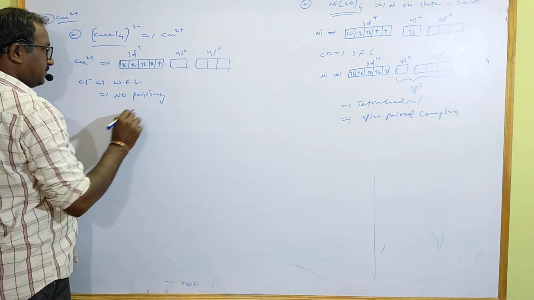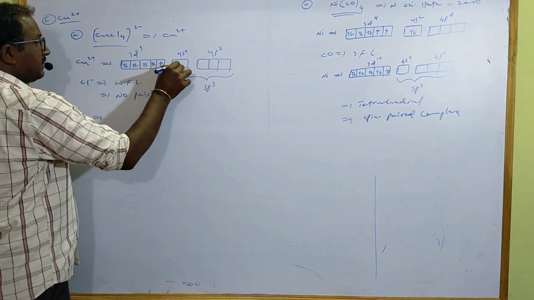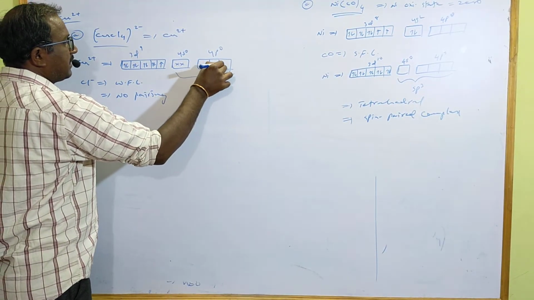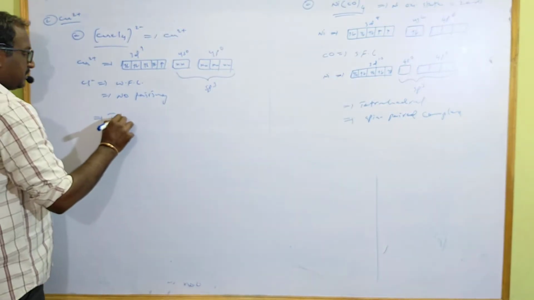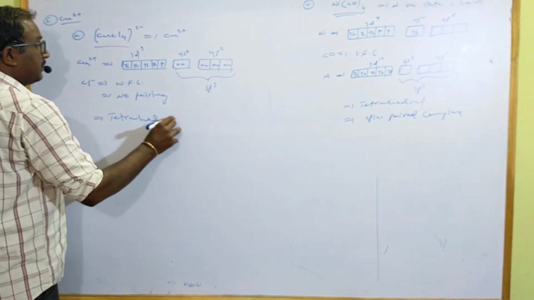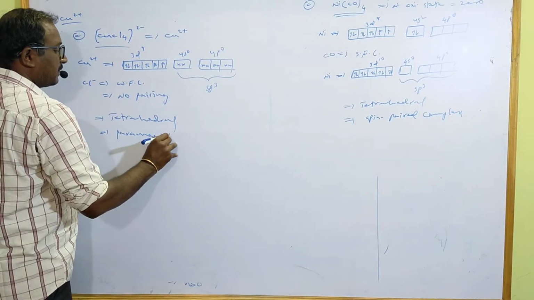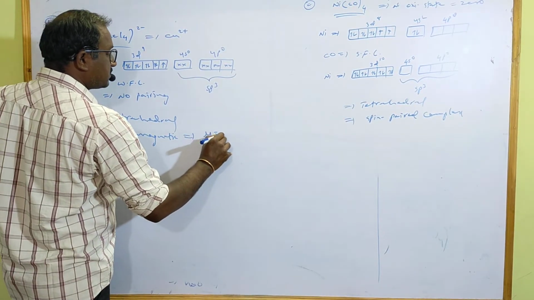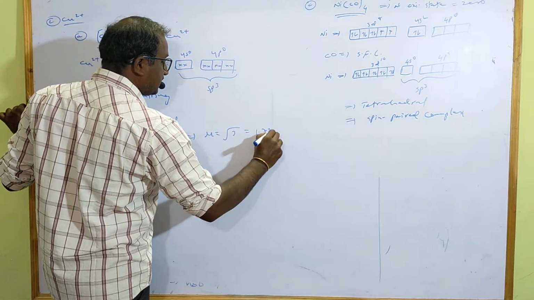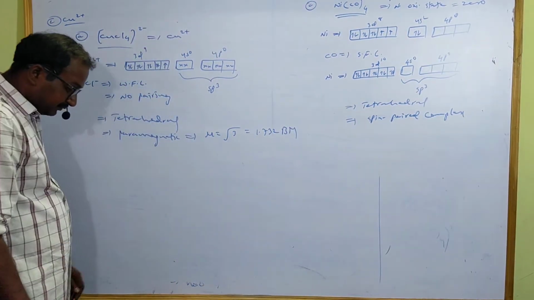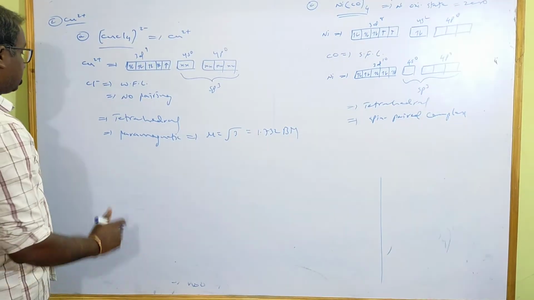Due to that, it undergoes sp3 hybridization, and these 4 ligands donate 4 electrons. So tetrahedral shape, 1 unpaired electron is there, so paramagnetic, and magnetic moment is √3, because √(1(1+2)), 1.732 Bohr magnetons. So it will be there like this, CuCl4.